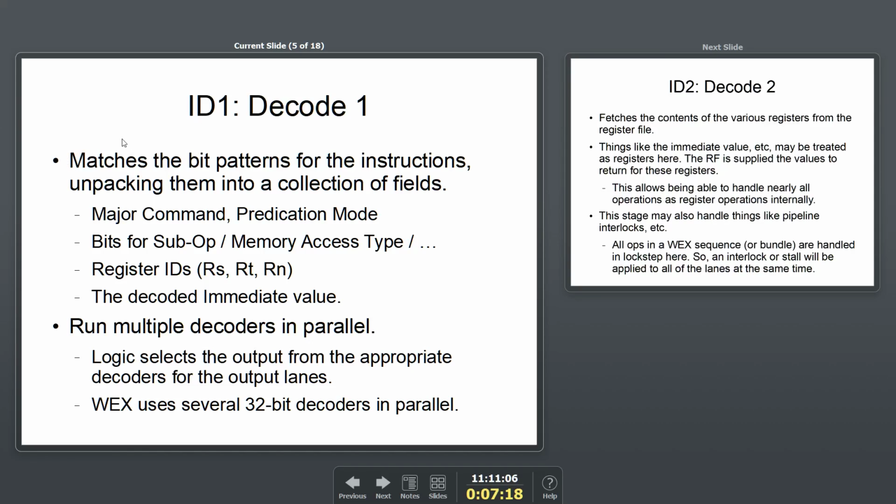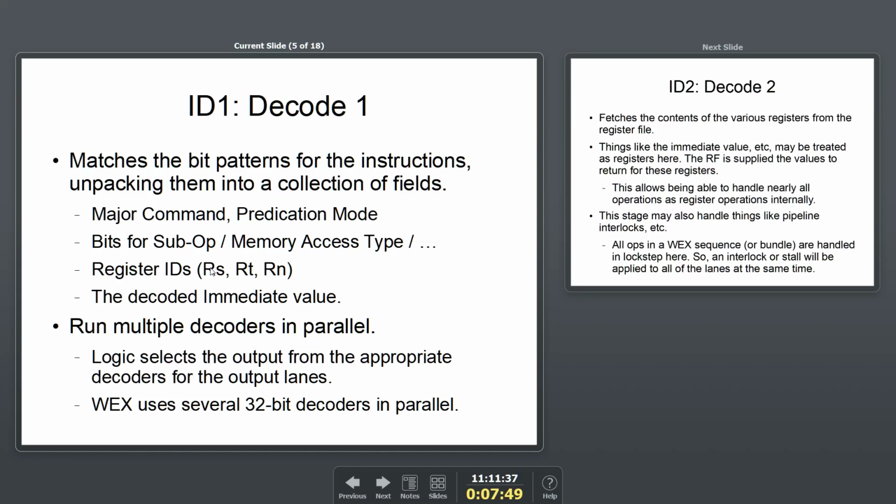Decode 1 matches bit patterns for the instructions and unpacks them into a collection of fields. So basically, there's a major command, roughly 6 bits, a predication mode, that's 2 bits, bits for sub operation or memory access type, that's another 6 bits, and register IDs.